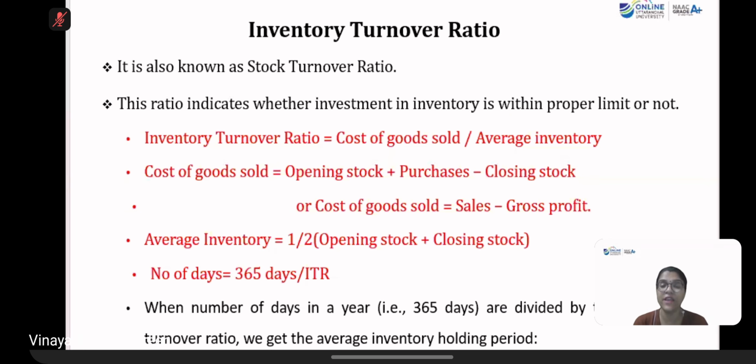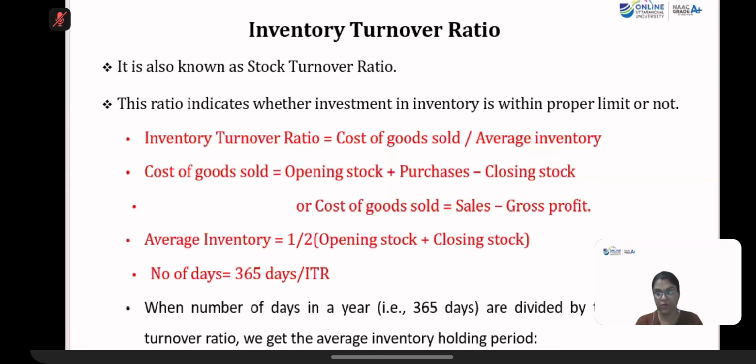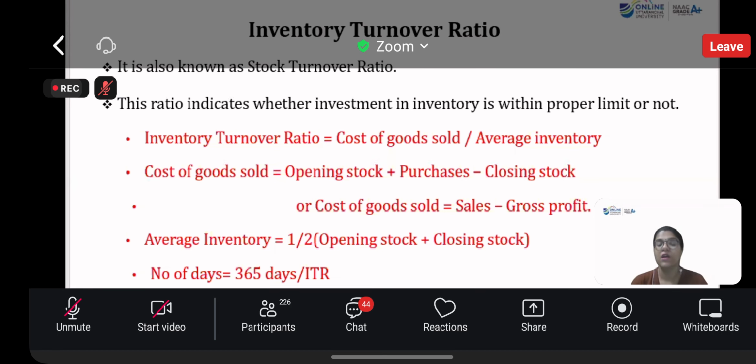Next we have the inventory turnover ratio. Now, inventory is what? The stock, correct? So this ratio is also known as stock turnover ratio. So if in the exam they ask stock turnover ratio instead of inventory turnover ratio, it is the same thing.